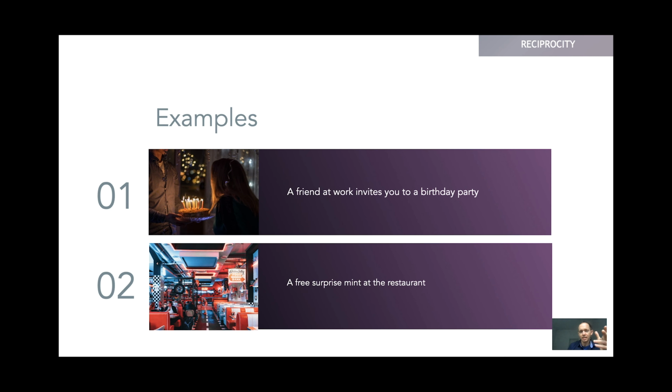So think about not only selling, and think about adding value to your target audience, and they will repay you by taking their business to you. An example: a friend at work invites you to a birthday party, so you feel like you have to get back at them and bring something to the party.